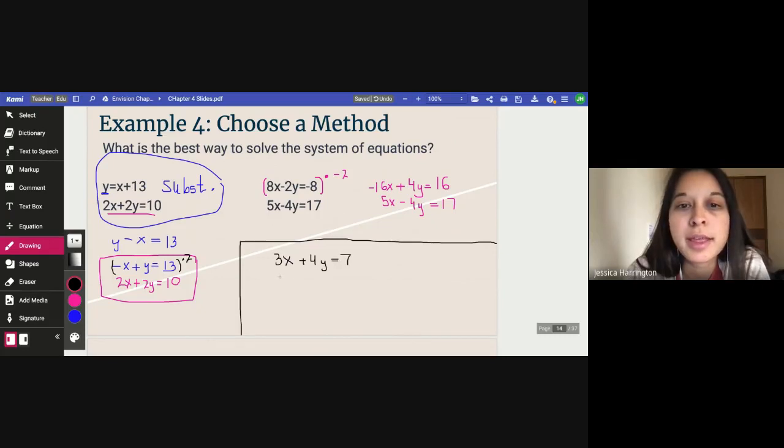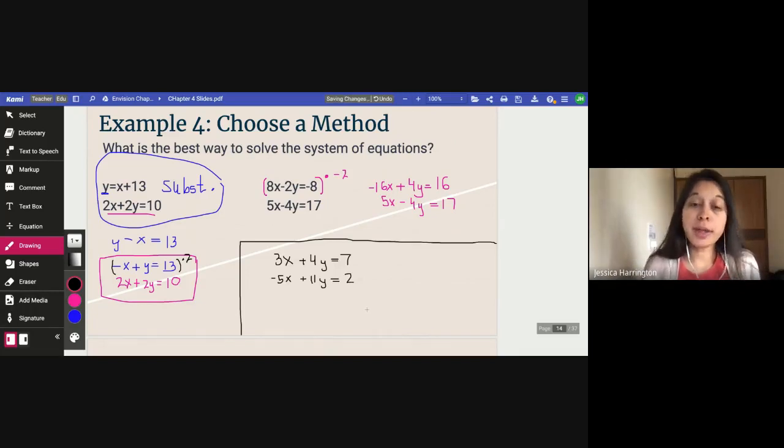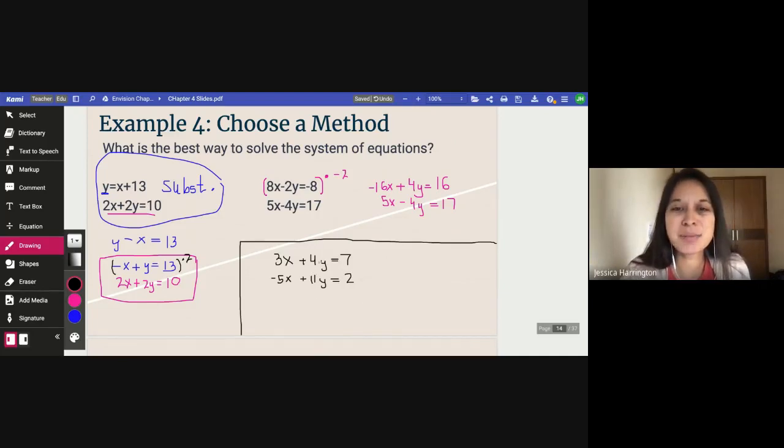And let's say this is negative 5x plus 11y equals 2. I don't know. So let's just say that's your problem. You're looking at it and you're going, okay, well, it's nice and lined up for me. So I feel like I want to eliminate. But then I look at these and I can't multiply 4 by something to get 11. And I can't multiply 3 by something to get negative 5. How's this going to work?